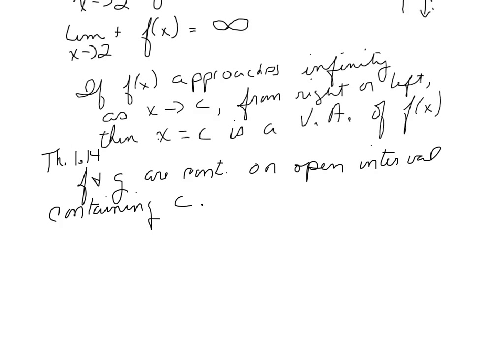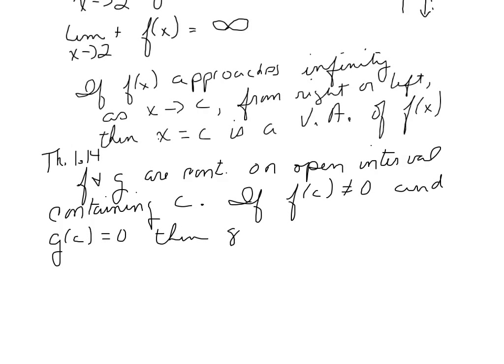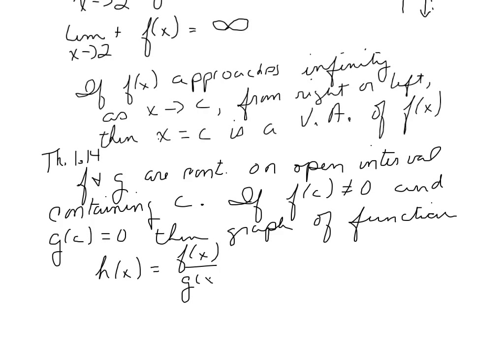If f of c is not equal to 0, and g of c equals 0, then the graph of the function defined as h of x equals f of x over g of x has a vertical asymptote at x equals c.